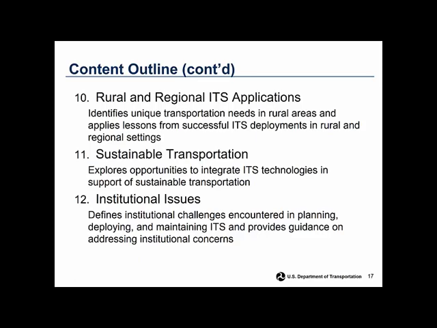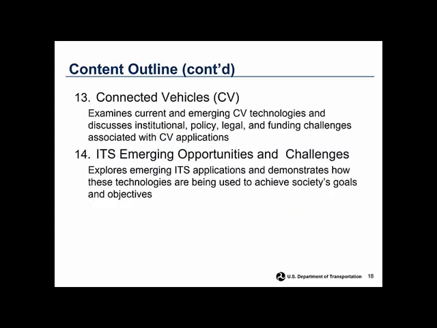We'll talk about the environment in the 11th module, talk about institutional issues. In other words, this is not just purely technical, but also how do organizations, government bodies work together to enable these sorts of systems. And finally, the last 2 modules, which will be in our final unit, look at connected vehicles and mostly at automated vehicles, which are very much the kind of where we are today in intelligent transportation systems.